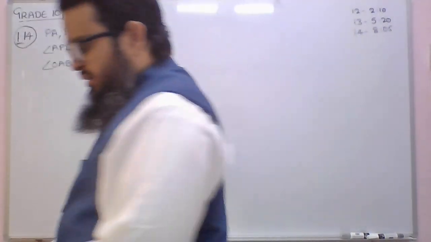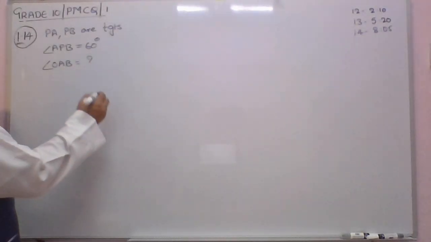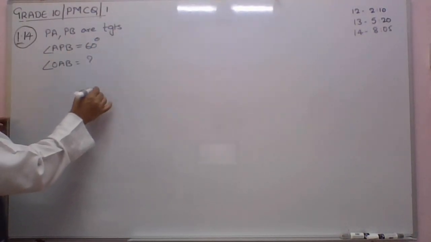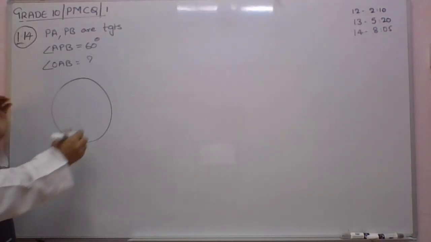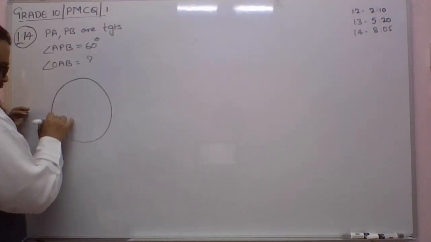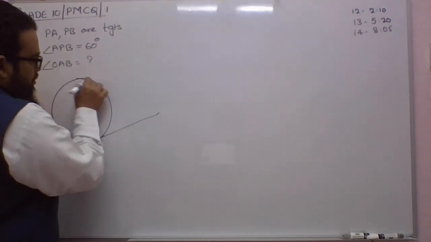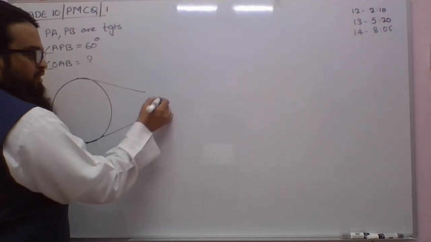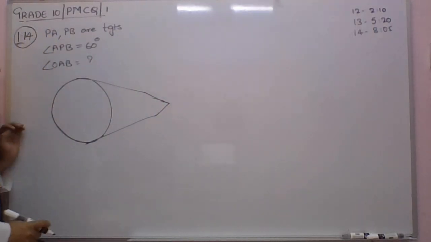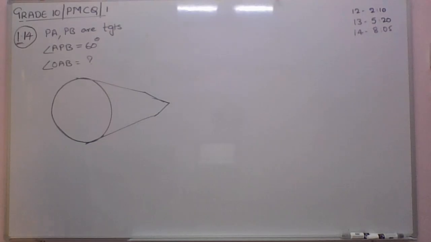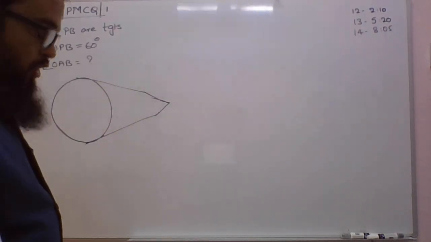See, the figure is given, but I have not copied it because I wanted to show you. When PA and PB are tangents, draw a circle. Yesterday, one of my students was drawing circle tangents like this. He tried to draw the tangents, but he thought it was going at a distance, so he drew like this because there was no space in the notebook.